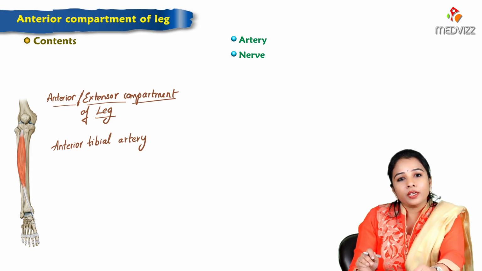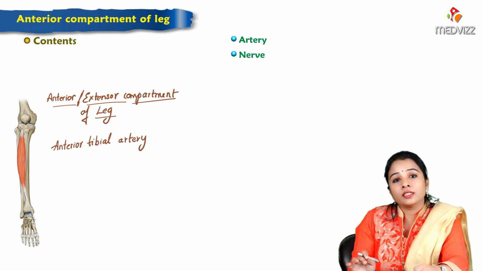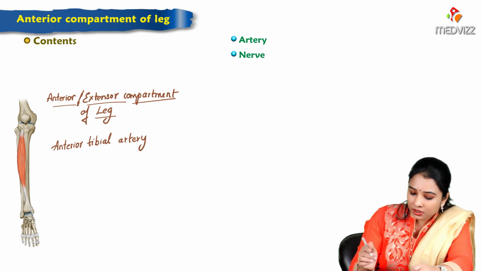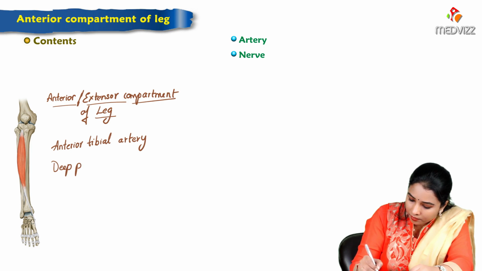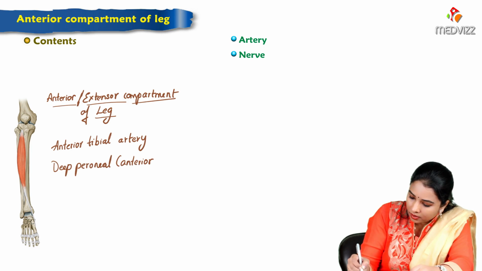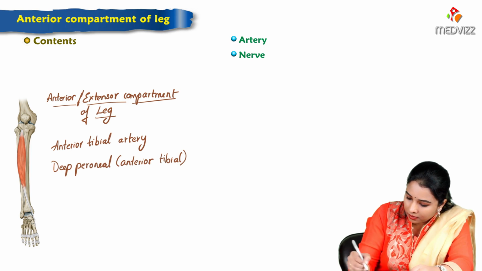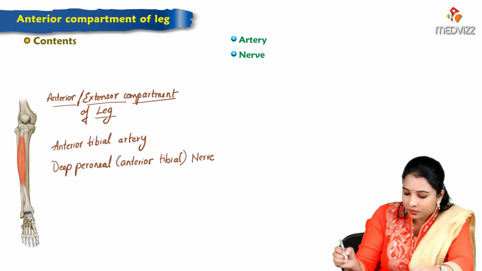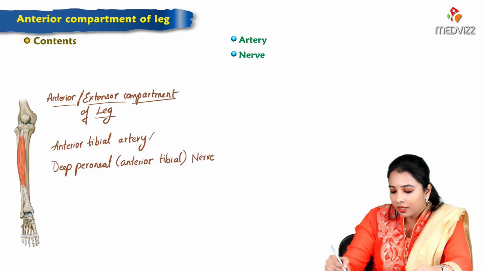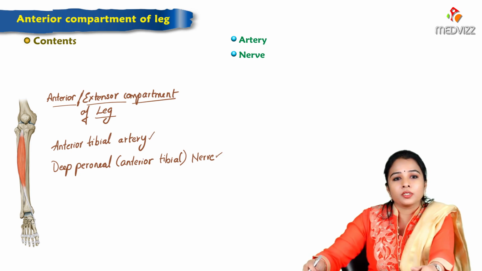And the nerve supply of the anterior compartment is the deep peroneal nerve, which is otherwise called the anterior tibial nerve. So this is the arterial supply and nerve supply of this compartment.